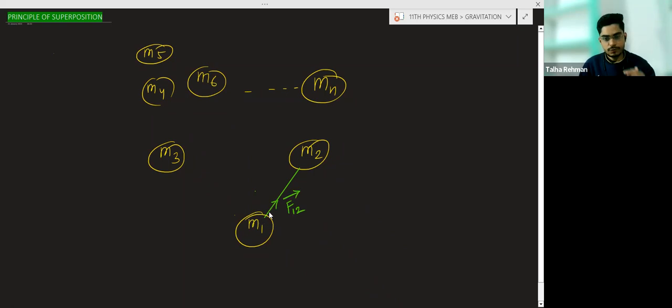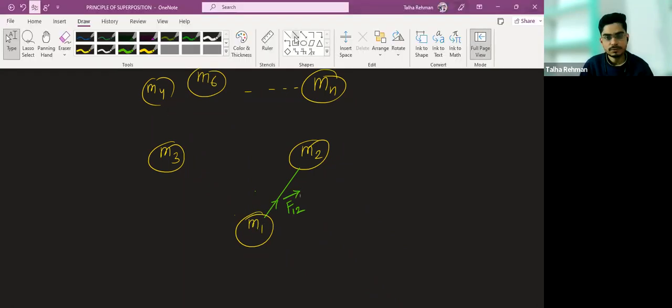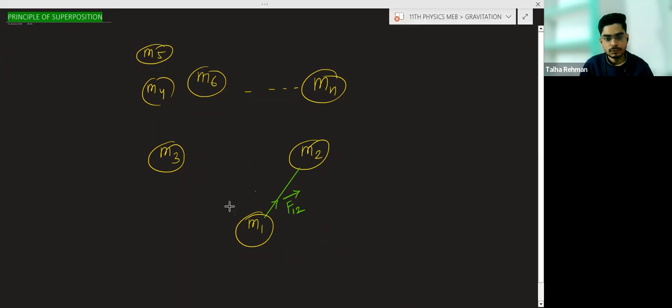Now force on mass m1 due to m3 will be like this, force on mass 1 due to 3 in this direction. And suppose mass m4 is here.